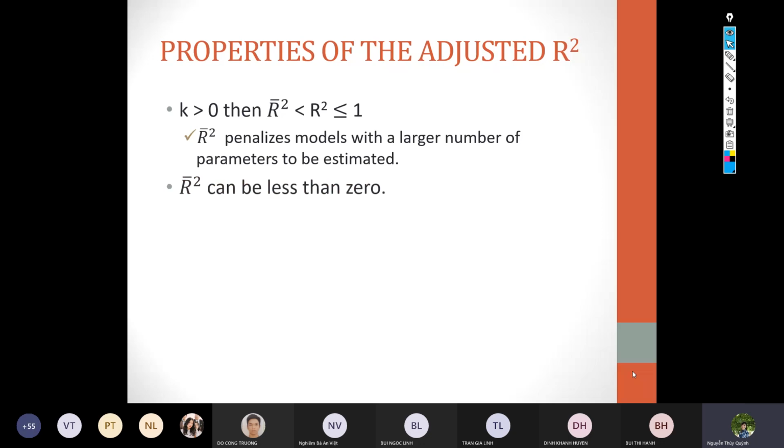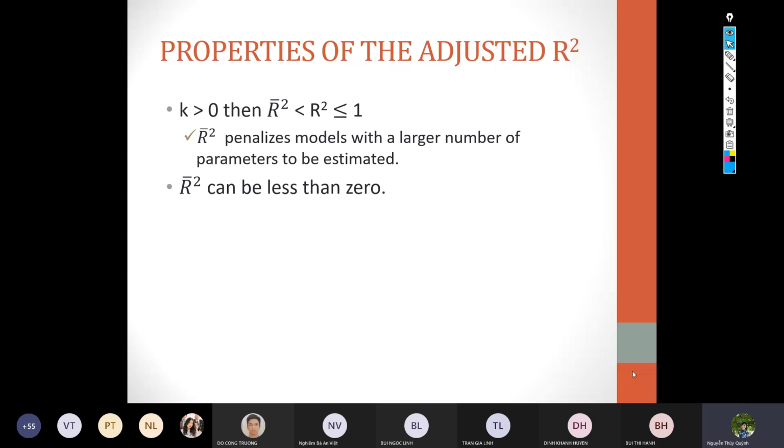If R square is always greater than or equal to 0, which means it is a non-negative number for a model with an intercept, then R square bar, the adjusted R square, can be less than 0, sometimes when R square is so small, equal to 0 or close to 0.